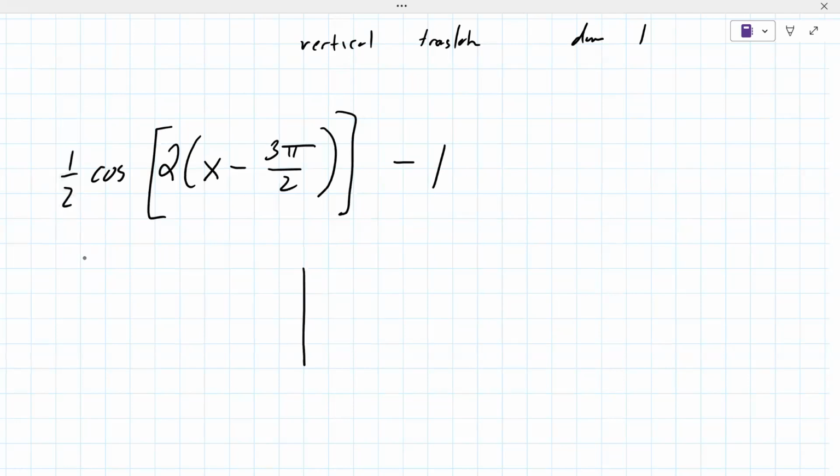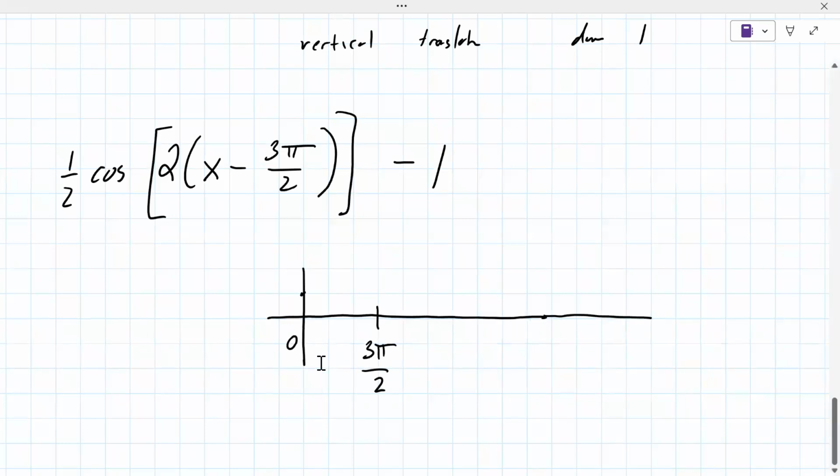Normally cosine starts at 0, but this time you're going to go 3 pi over 2 to the right. And the question is, where is 3 pi over 2? You could literally put it anywhere. It does not have to be to scale, but that's where you run into issues. Let's say you're graphing this on your exam and it's pre-marked, you have to put it in the right spot. So I'm saying each of these is a pi over 2.